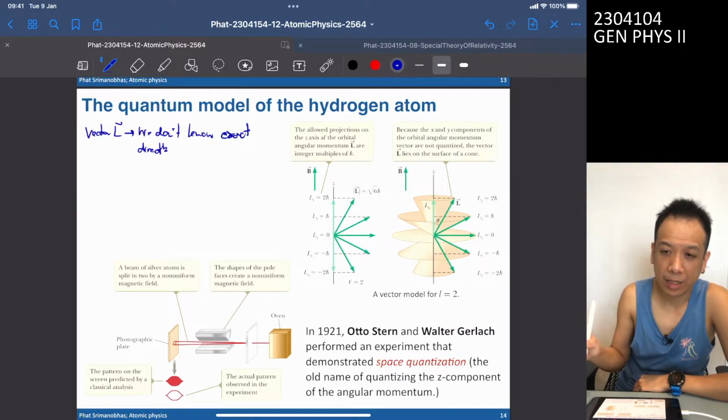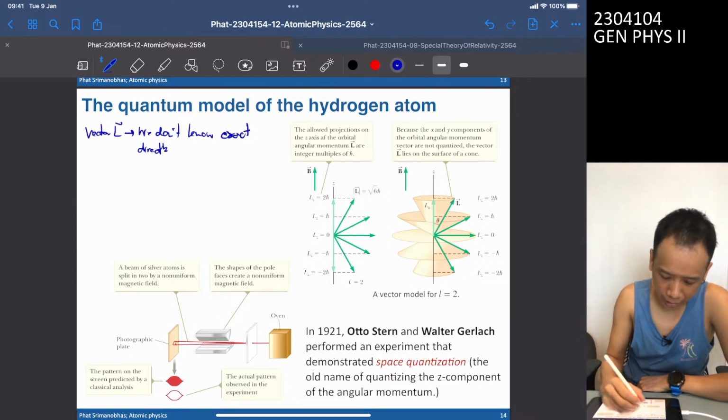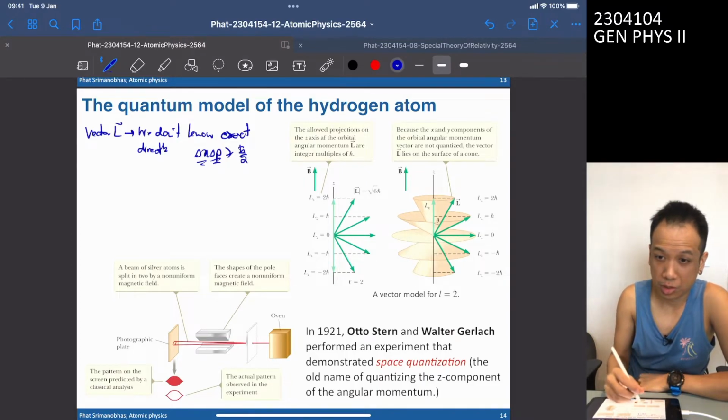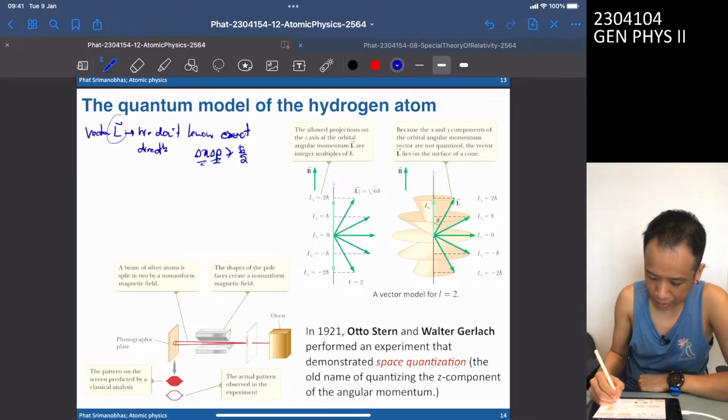You don't know exactly the position and you don't know exactly the momentum: delta x delta p is larger than or equal to h bar over 2. This is the same because L is linked to the momentum. But you know that Lz needs to be quantized.